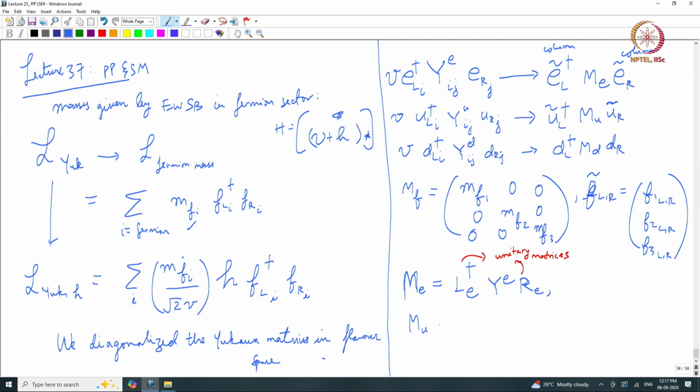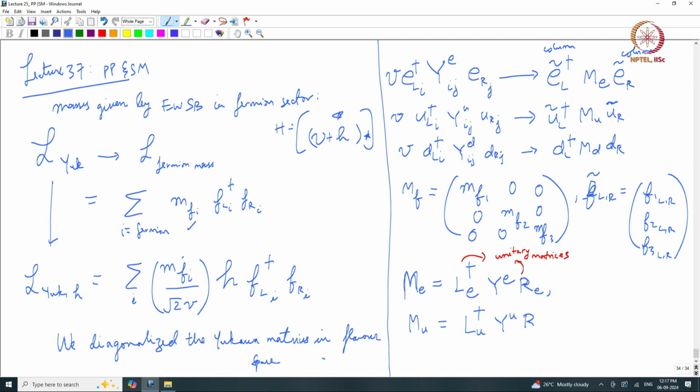Similarly, I got the diagonal M_U. How should I have got it? There must have been some unitary matrix that I hit the Y_U matrix with on one side for the left handed fields, right.